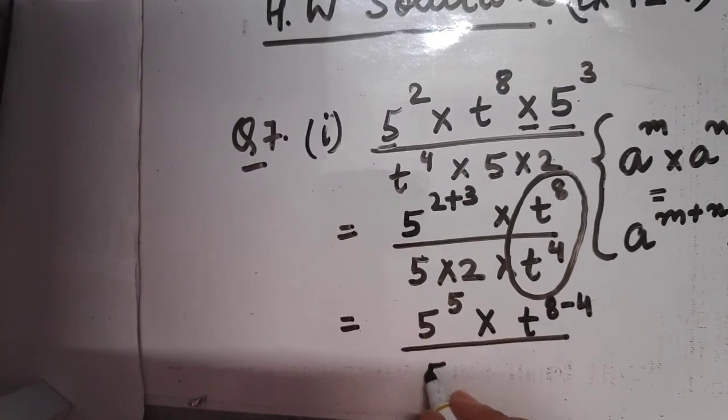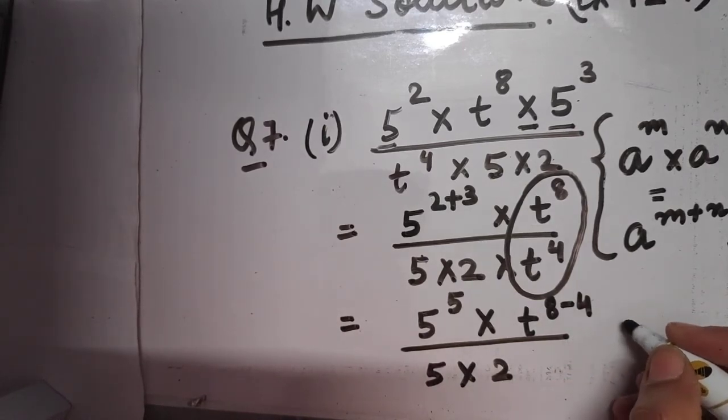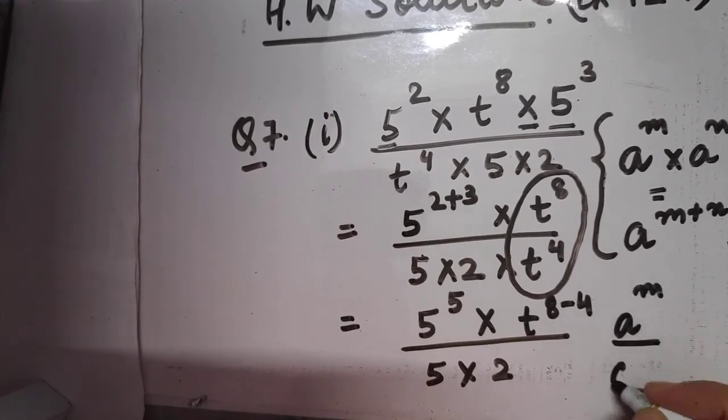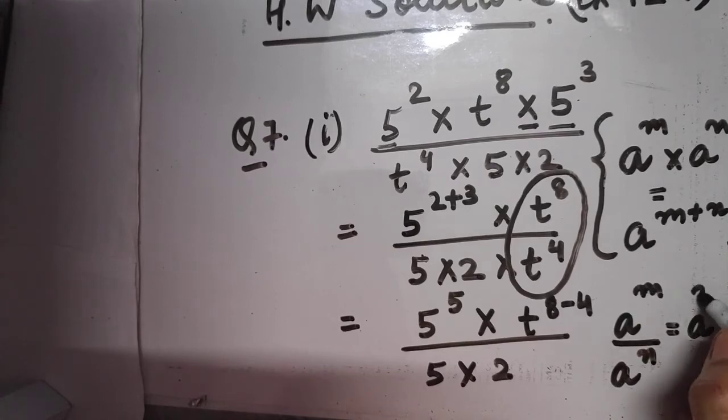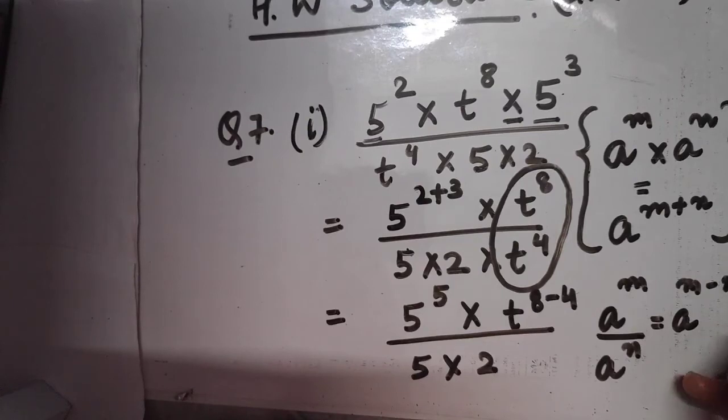It will be 5 into 2 again. Now here what I have done, I have applied the law of exponent, that is a raised to the power m divided by a raised to the power n is equal to a raised to the power m minus n.